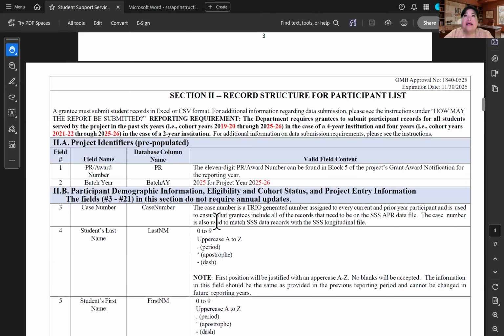But honestly, the case number doesn't impact you until you start working on the APR and you get an error message saying the case numbers are missing for a bunch of continuing students. And that's when you go, okay, it's an easy fix.